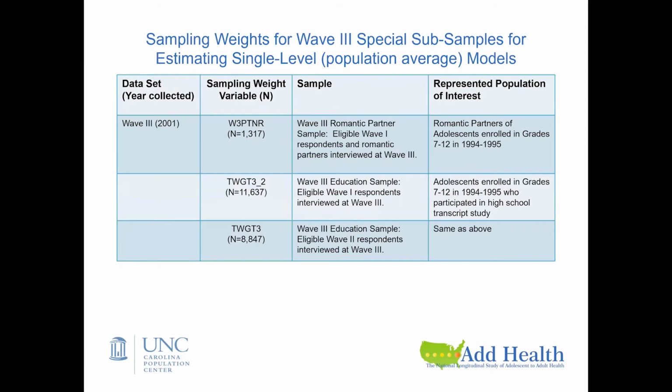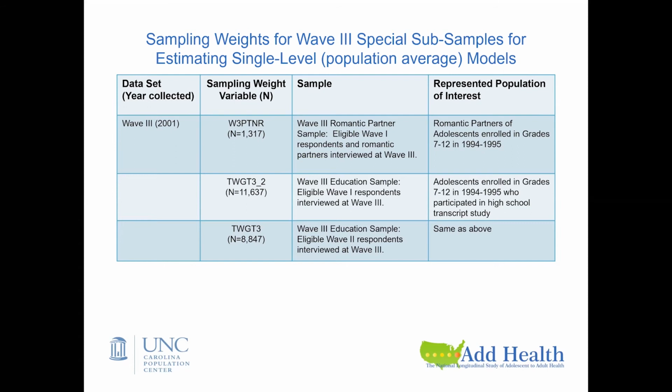Now I'm just putting these here for your information. We have a lot of special subsamples in AdHealth, and we've developed weights for them. I mentioned the wave 3 romantic partner sample, which has 500 dating, 500 cohabiting, and 500 married couples. You want to use that weight when you analyze that sample. We have an education sample where we collected the high school transcripts of respondents.